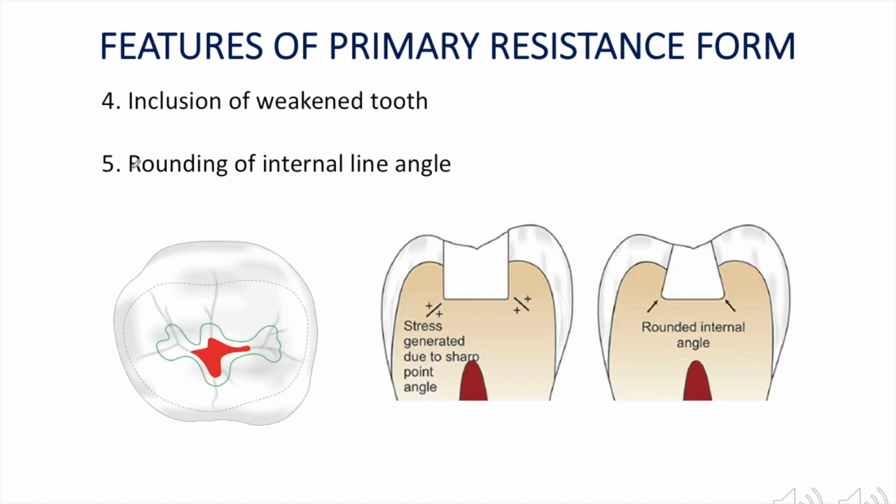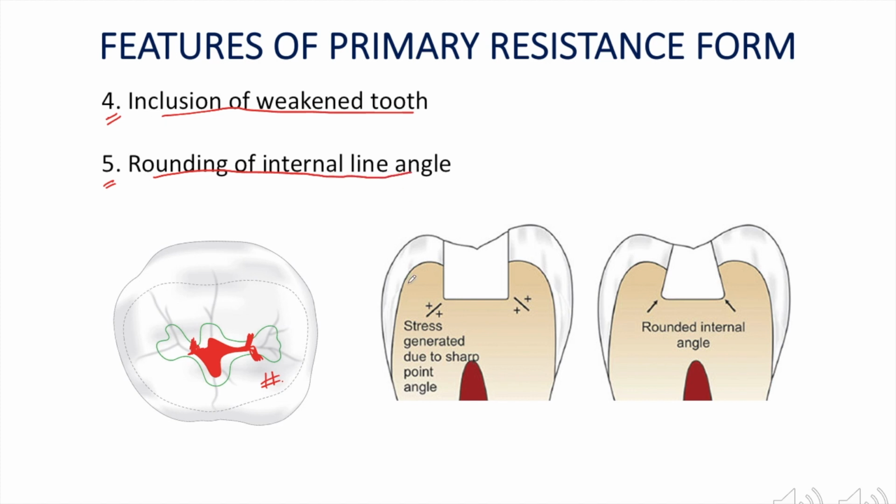Let's come to another feature of primary resistance form. It says that we should include the weakened tooth structure in the preparation. We have already covered that if we don't include any weakened, friable or undermined tooth structure, it may later result in the fracture of the restoration or the tooth, so the failure of the restoration. The other feature of primary resistance form is rounding of the line angles.